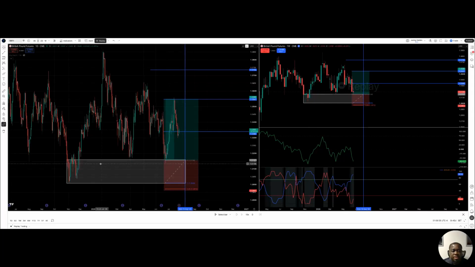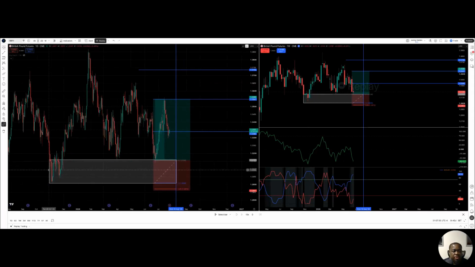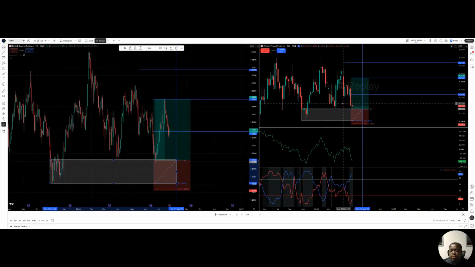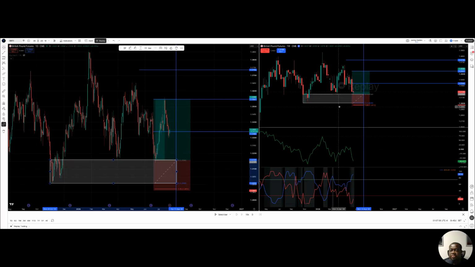So in this case, this demand zone that I have right here was covered by the weekly. So that gave me a good indication that the price can react in this zone and go to the buy side.